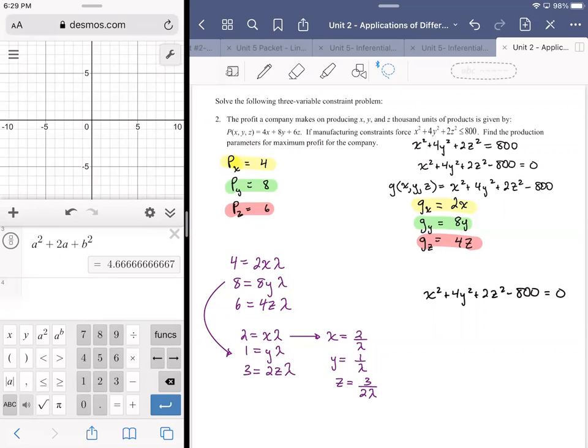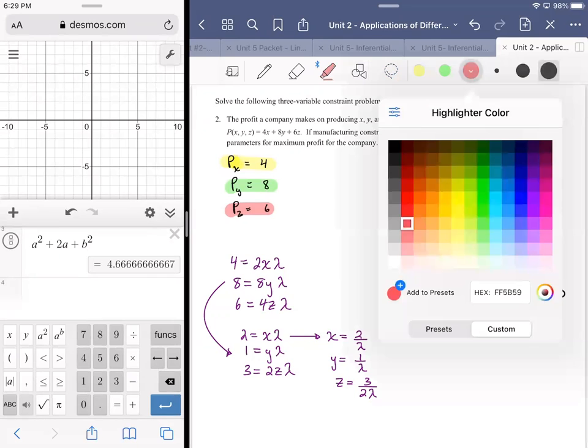The boundary function relates x, y, and z to one another. I now have a way to swap out each one of those variables. Instead of having one equation with 3 variables, I can have one equation with 1 variable, with that variable being the scalar lambda.